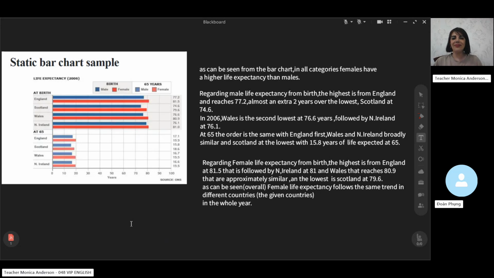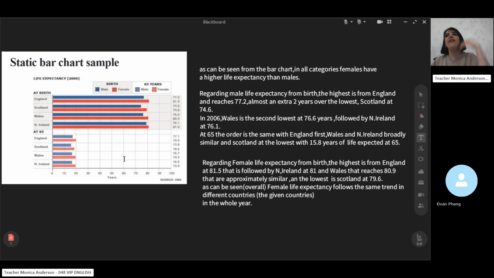Maybe I need time to think about it. Let me give an example that may make it clearer. If female life expectancy is at the highest level in England, and for male it's in Scotland, you can say that.